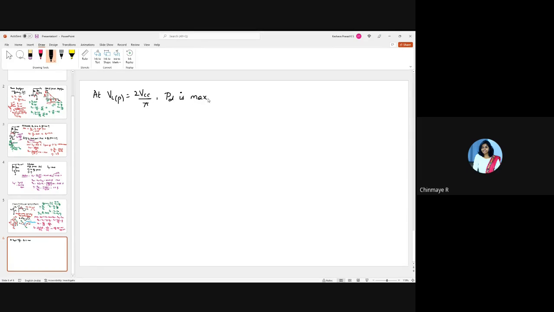So the power dissipated by the transistors is maximum. Now can you find out what is the maximum power dissipated by the two transistors?